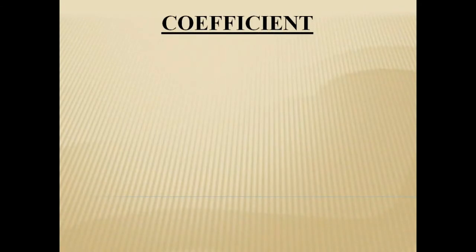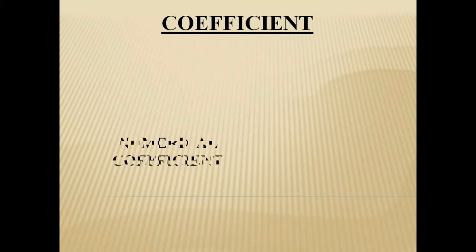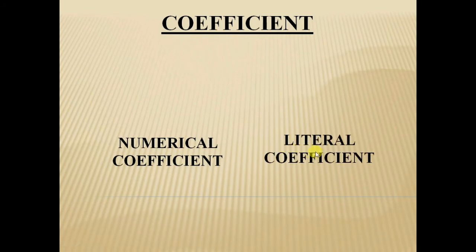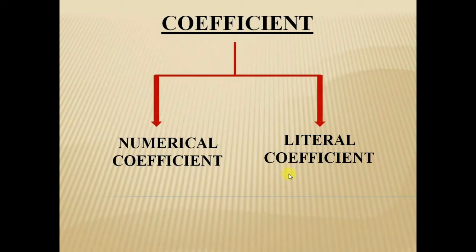Coefficient. There are two types of coefficient. First one, numerical coefficient, and another one, literal coefficient. First we will go to numerical coefficient.